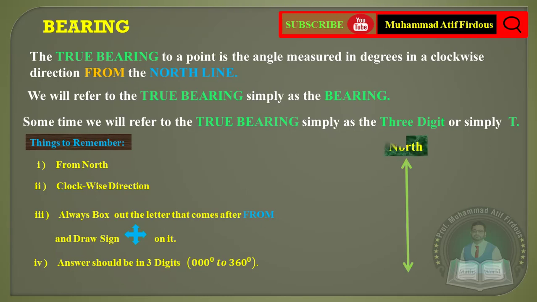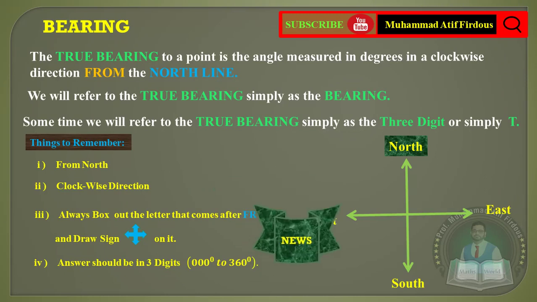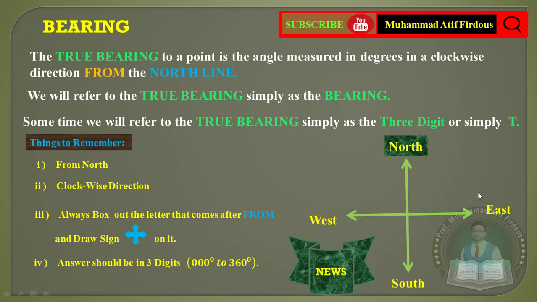We know that north, south, east and west. A simple way to remember this is NEWS. N stands for north, E stands for east, W stands for west and S stands for south. So you can remember this with the simple word NEWS. Okay, we have 000 degree.